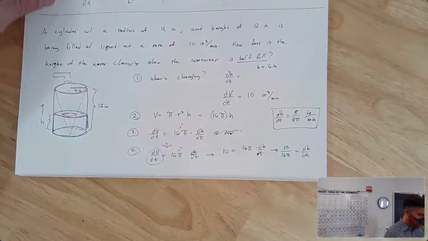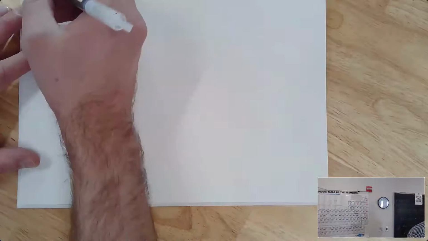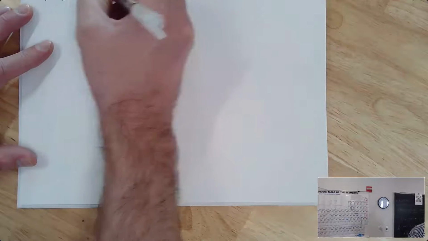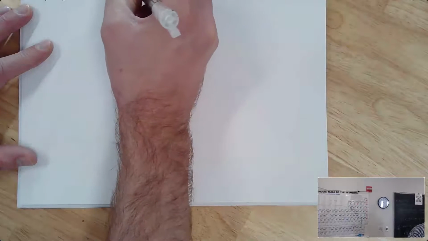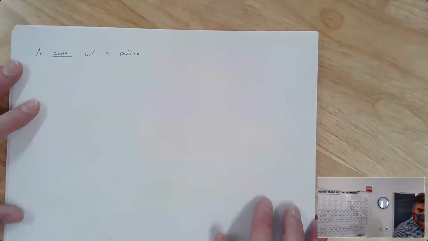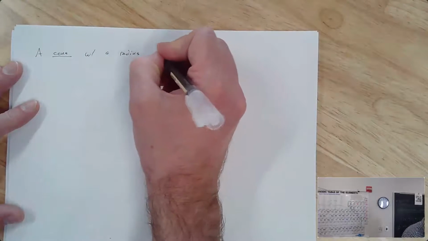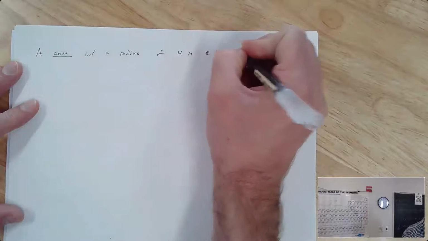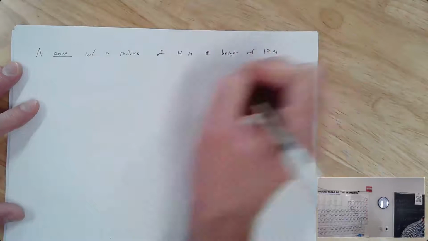Let's go ahead and write it all out just so we don't have to make it all up. Now we have a cone with a radius of 4 inches. I should say radius of the base. And a height of 12 inches.